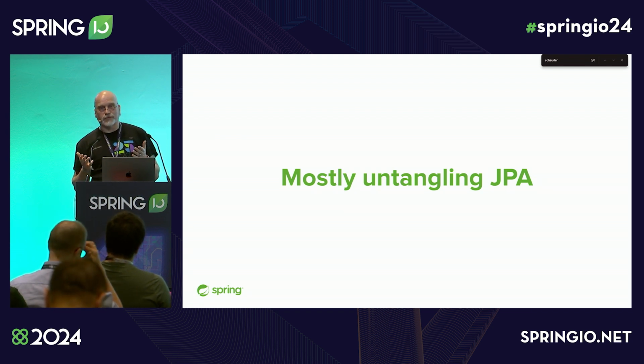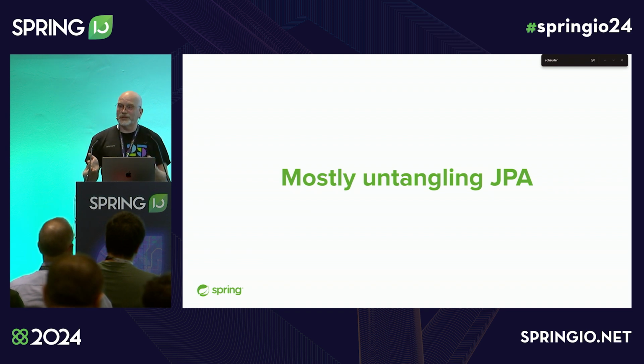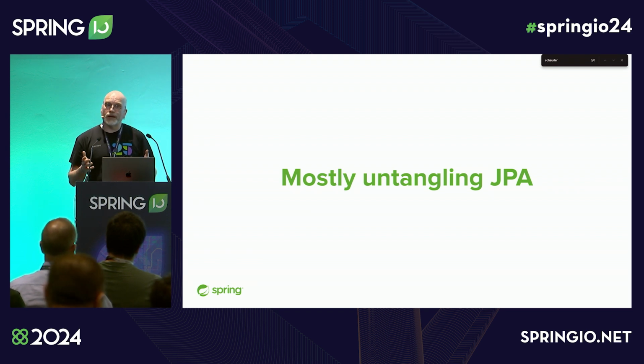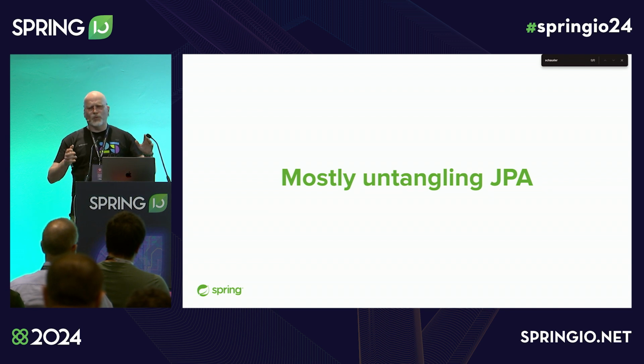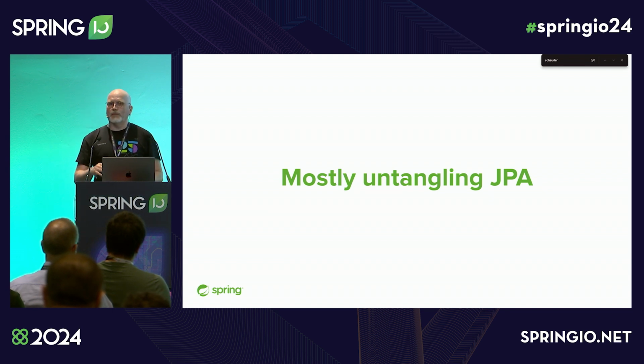Fielding described architecture as the decisions about what not to do, and JPA in that sense comes with very little architecture. JPA basically says, give me your model, give me your schema, and one way or the other I'm mapping one to the other.